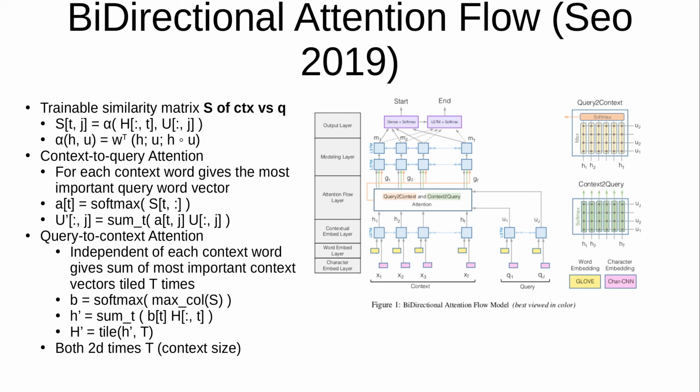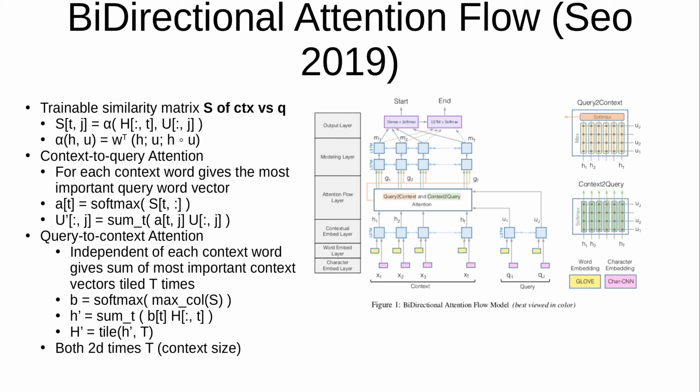The similarity is not exactly a cosine similarity, but I think cosine similarity is just one possible learnable result of this. So context-to-query attention essentially gives you, for each context word, the most important query word vector. Of course, it uses softmax, so it needs to be differentiable, but this is the idea.